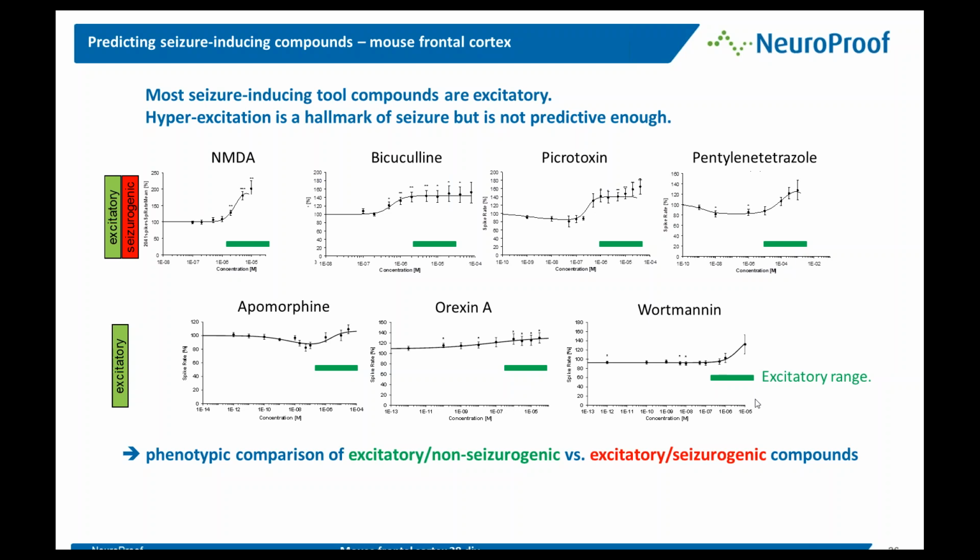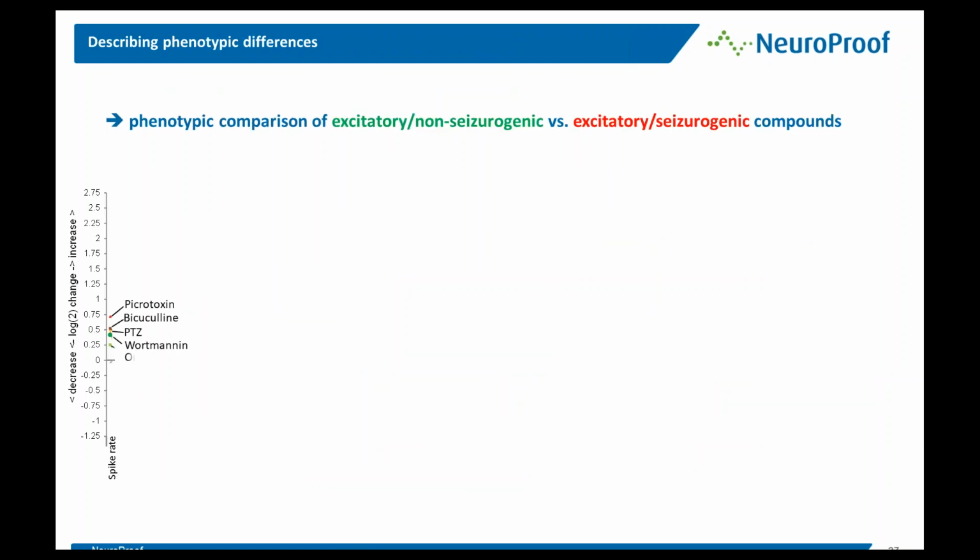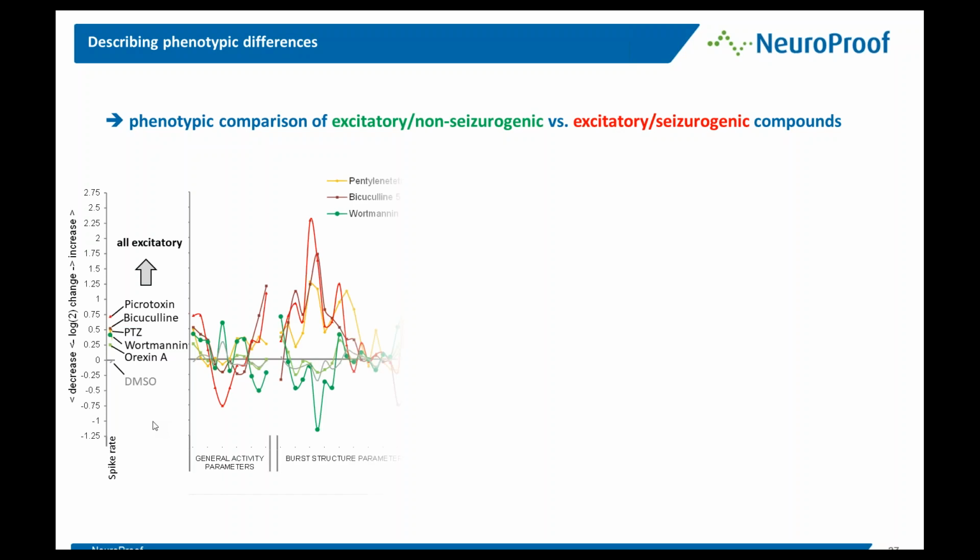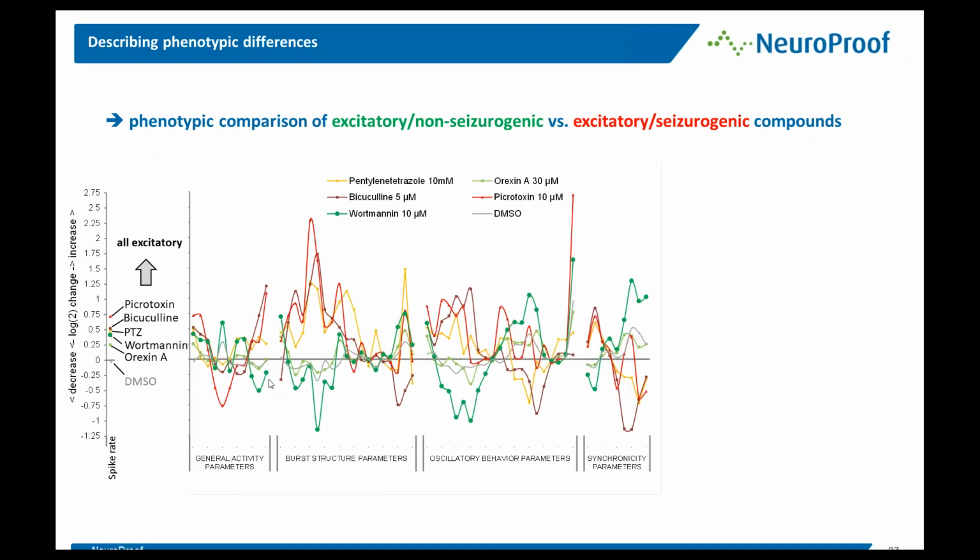So we want to compare the phenotypic differences between these 2 groups of compounds to actually identify a measure which is very predictive for seizures. Now, if we go just from the excitatory spike rate readout, all those compounds are excitatory, but they are very different in terms of their phenotypic profiles in several burst structure, oscillatory, or synchronicity metrics.